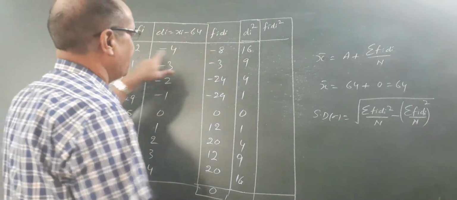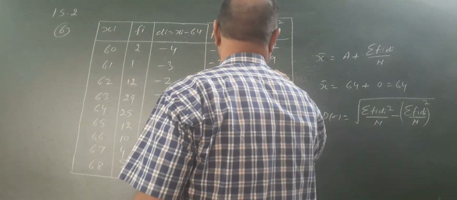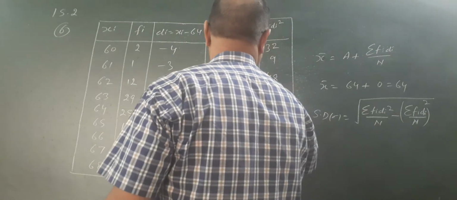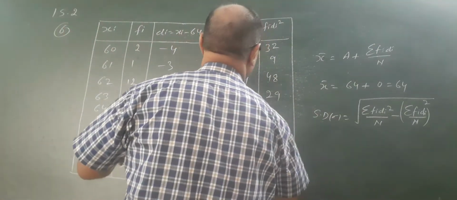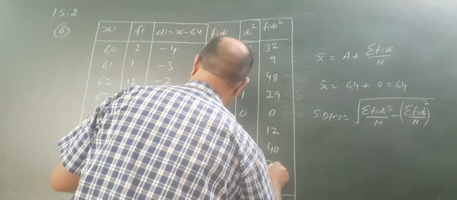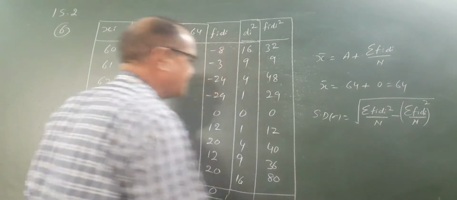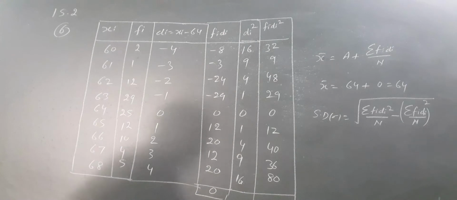So this is fi di square, that is 32, 9, 48, 29, then 0, then 12, then 40, then 36, then 80. See students, multiply the value of f by di square. And you have to write the total of this.